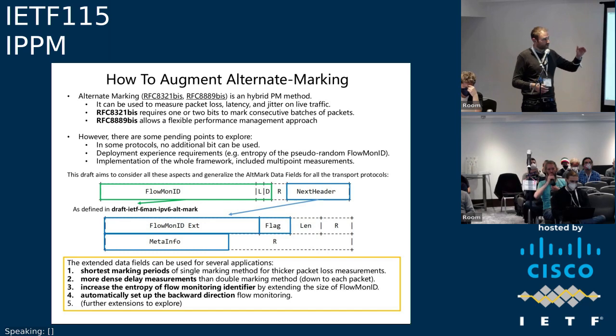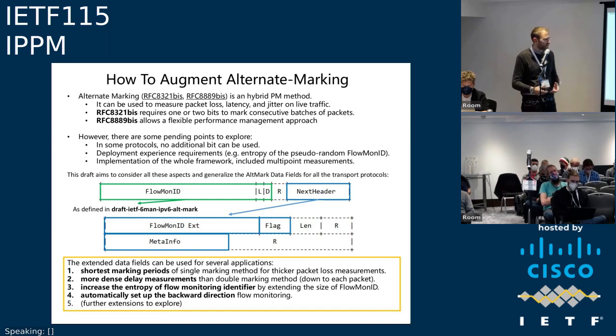There is also another point that we want to take into consideration, which is the implementation of the whole framework, including the multi-point measurements. That's why the draft aims to consider all these aspects and generalize the alternate marking data fields for all the transport protocols.